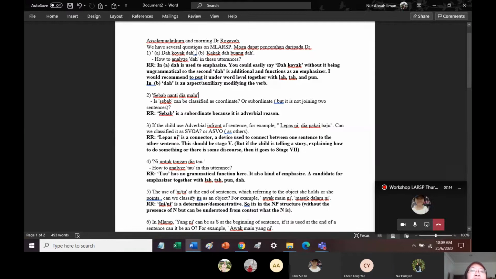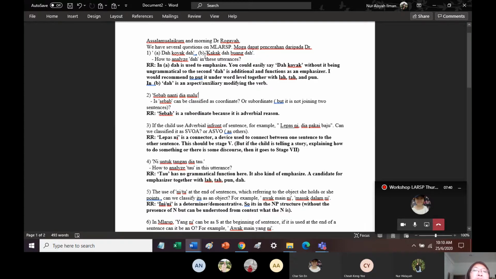You can always leave out the dah, and it still is not ungrammatical. So the second dah is additional and functions as an emphasizer. I would recommend to put it under word level together with lah, tah and pun.